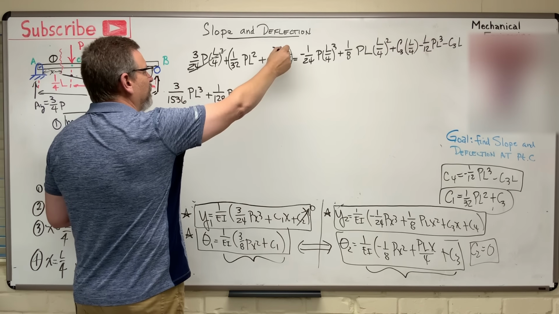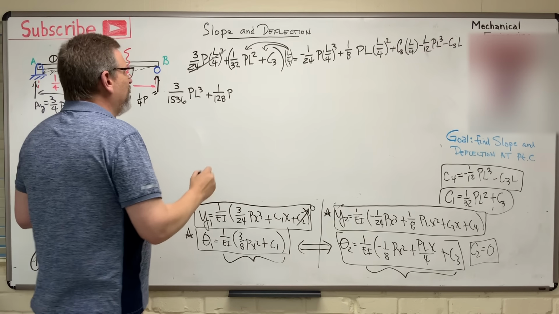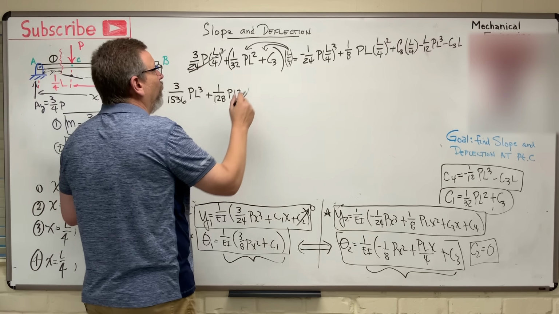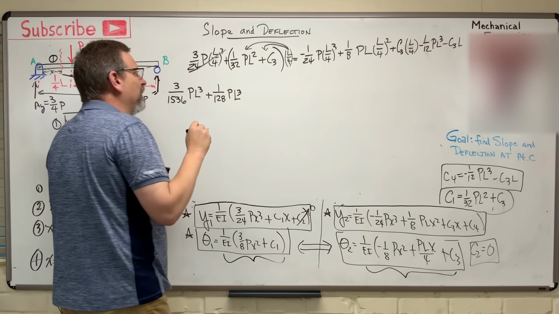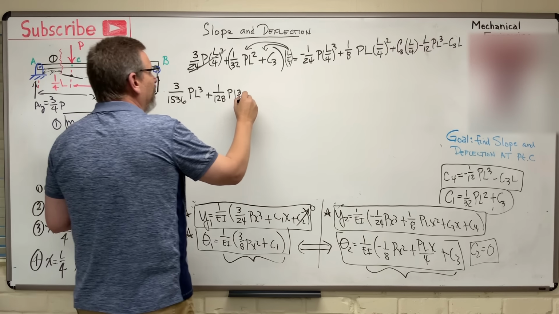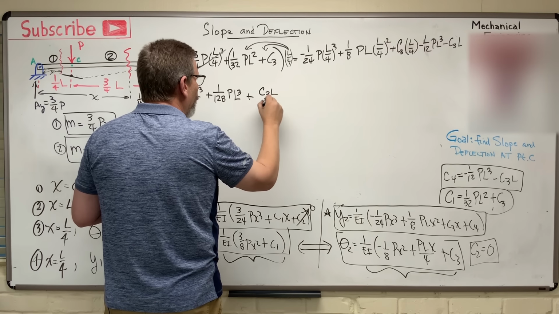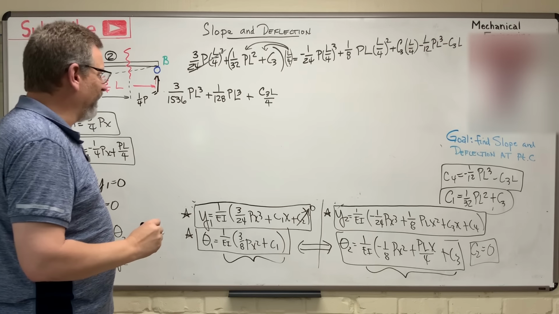I'm distributing this that way and then that way. P L squared, oh, I've got to multiply an L, so that becomes an L cubed. Boy, there's so many opportunities to screw this up. Plus C3L over 4. I think that's one side done.